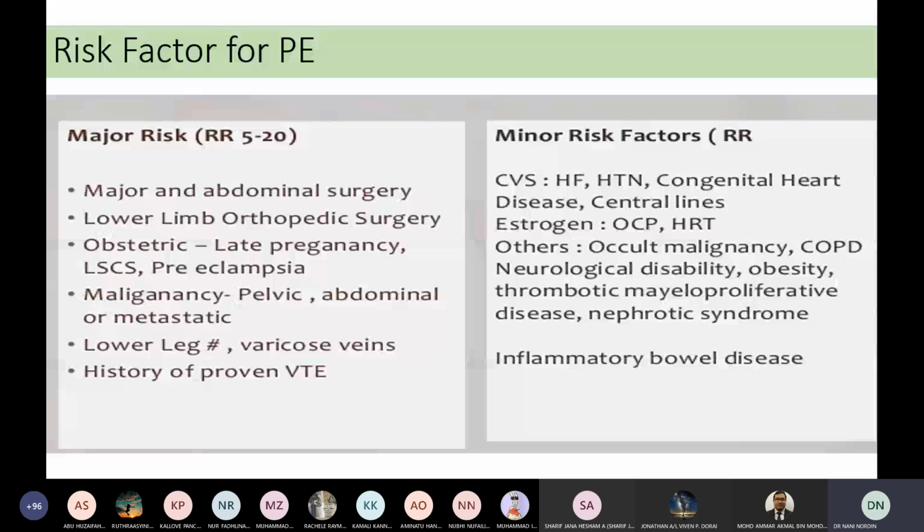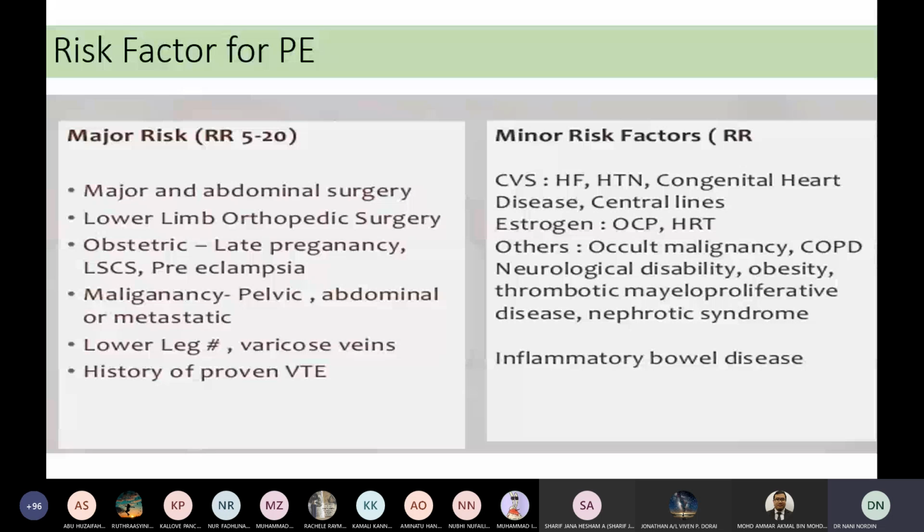Lower leg fracture, varicose vein, previous history of venous thromboembolism. These are the higher risks, but of course we have minor risks, such as IE, heart failure, congenital heart disease, hypertension. These are risks that can add in for the occurrence of PE.